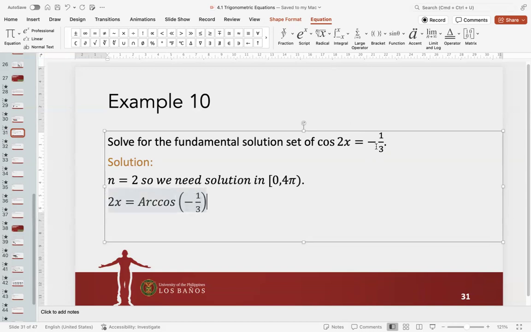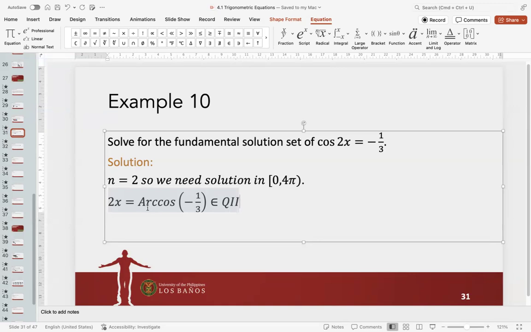And we know that when we have cosine as our inverse trig function and our argument is negative, it follows that this is in quadrant 2. Okay?